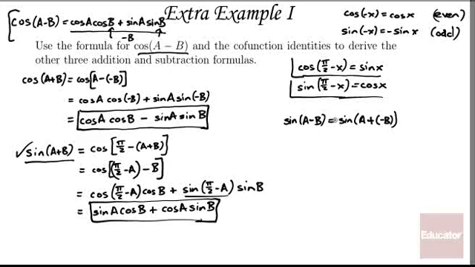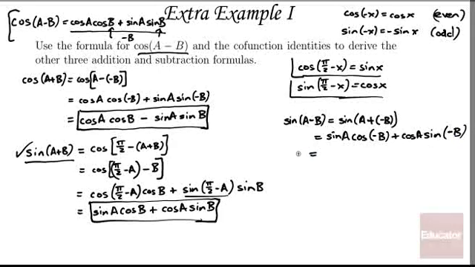So we've got sine of something plus something. And according to the sine formula that we just proved, it's the sine of the first one times the cosine of the second one, which is negative b, plus the cosine of the first one times the sine of the second one, which is negative b.